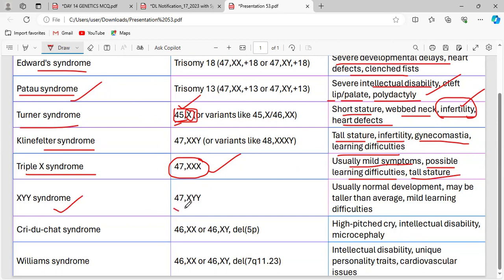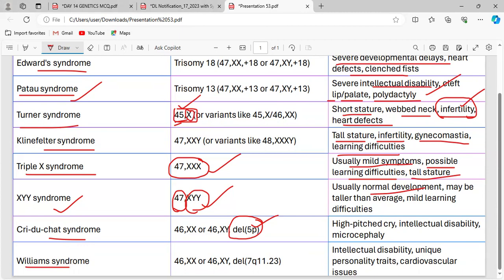In XYY syndrome, we have 46 chromosomes. Once again there will be a problem in the XY chromosome. Same thing, normal development, at last the development is affected here. And Cri-du-chat syndrome, as a result of a deletion, we can experience this syndrome. In which chromosome does that happen? That is an important thing.